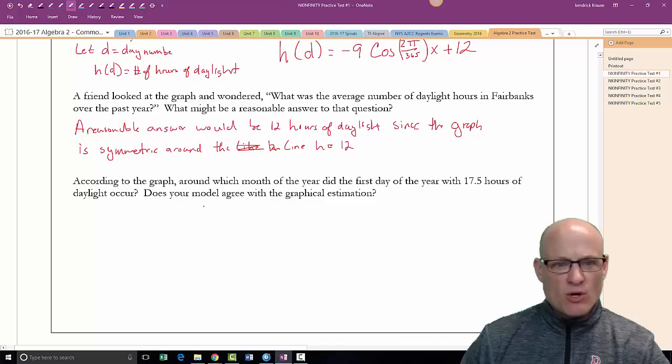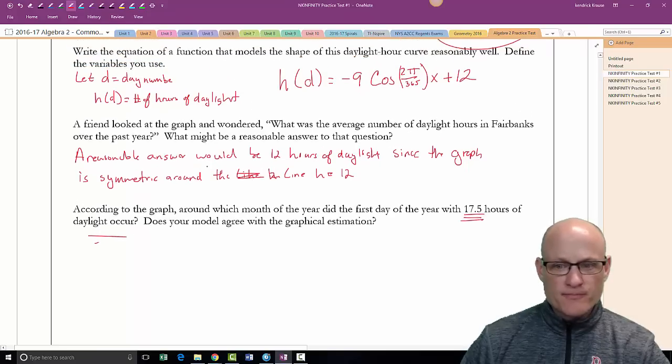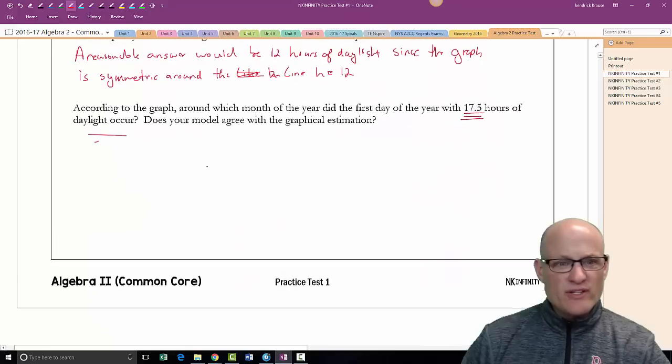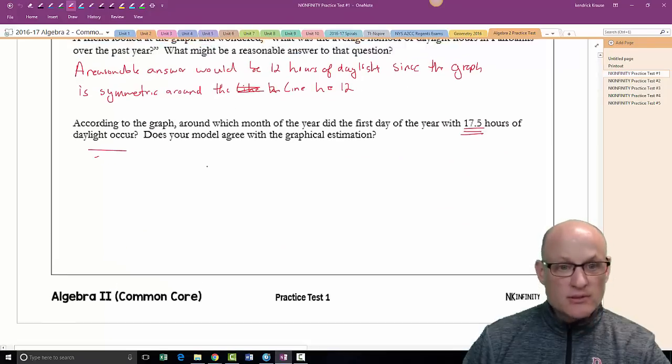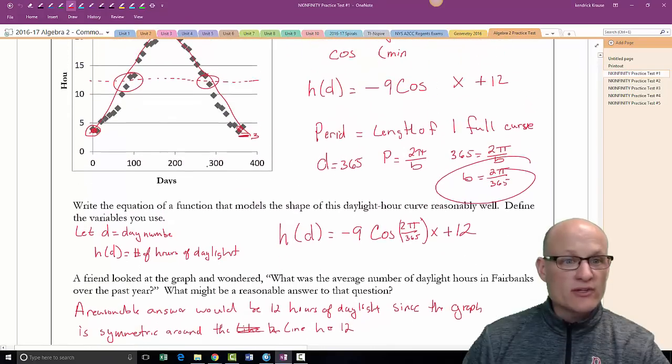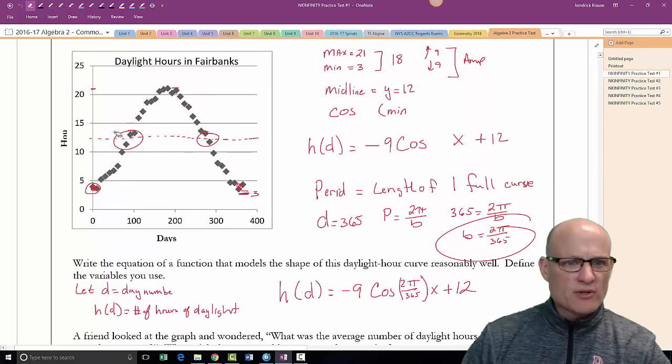According to the graph, around which month of the year did the first day with 17.5 hours occur? Okay, so the first thing I'm going to do, during which day? During which month? Oh man, that's a pain in the neck question. Let's see. Let me get rid of all my stuff. 17.5.